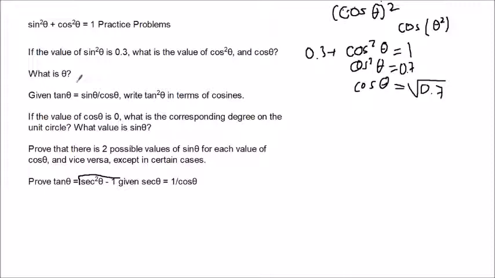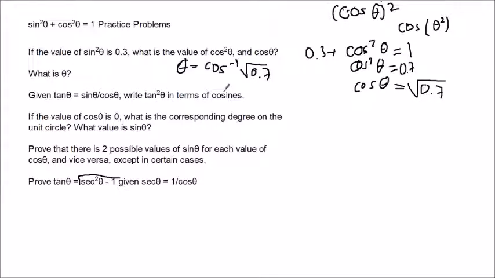What is theta? Well, we can undo the function by doing the inverse. So we have cosine inverse of the square root of 0.7, which I will do on my calculator right now.